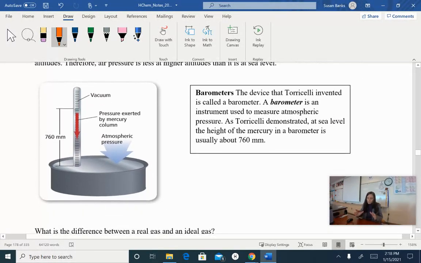So this is a really simple mock-up of how a barometer works. Barometers were invented by the Italian scientist Torricelli. A barometer is an instrument that we use to measure atmospheric pressure, and we use barometers very much to measure weather patterns. You'll notice when we have high sunny days, we have high atmospheric pressure.